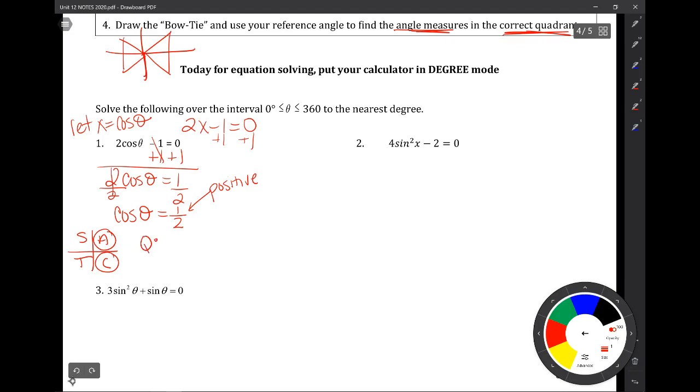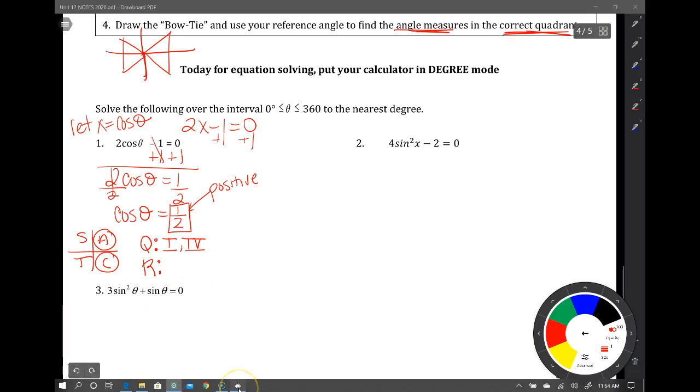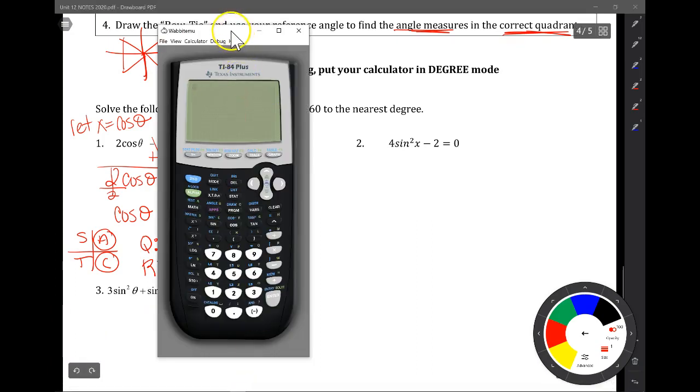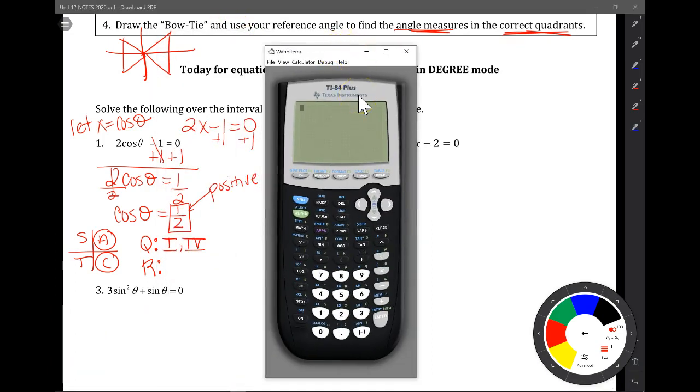So I'm going to look at quadrants 1 and 4 because this value is positive. But 1/2 is not your reference angle. To determine your reference angle, you're going to take out your calculator, or, because 1/2 is one of our nice values that we know from our 1, 2, 3 and 3, 2, 1 charts, but I'm going to do this. Inverse cosine of 1/2.